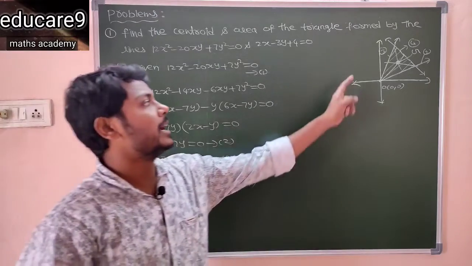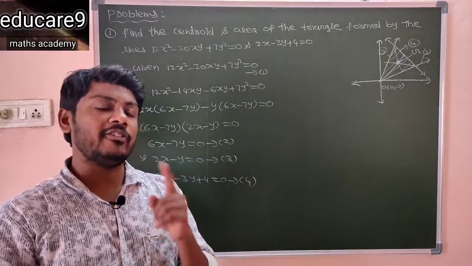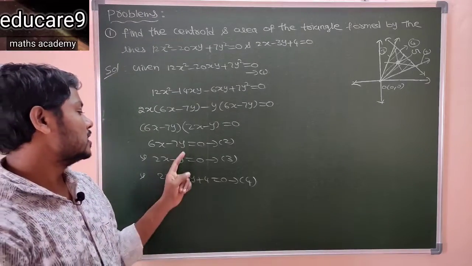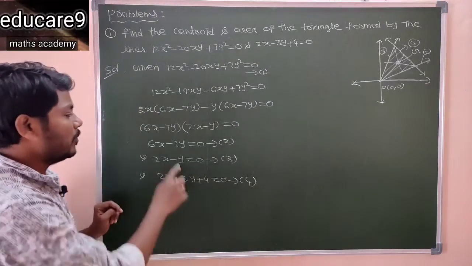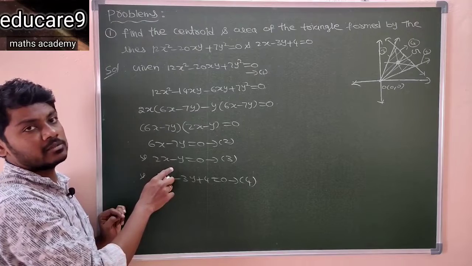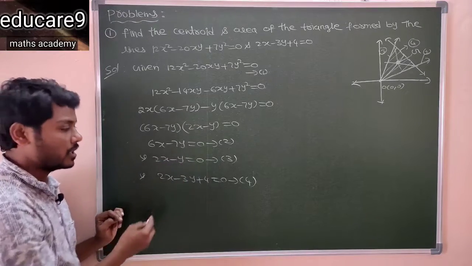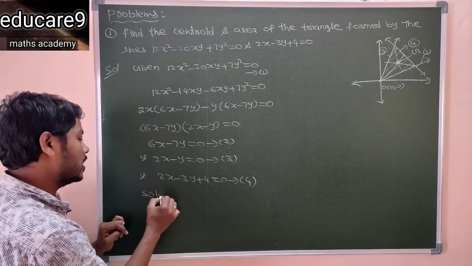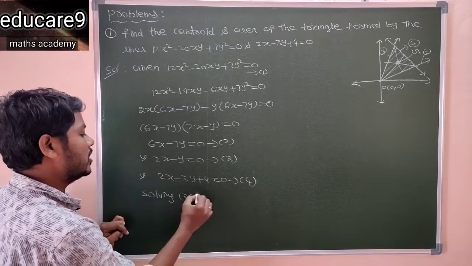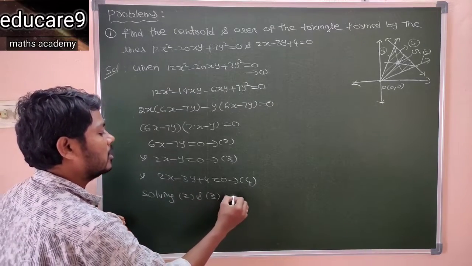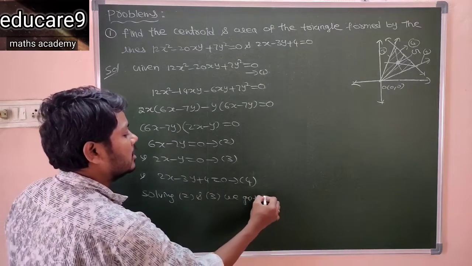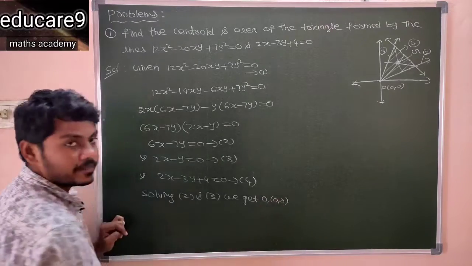For finding the area and centroid, you need to find the points of intersection of these three lines. Clearly the point of intersection of 2 and 3 is the origin, because there is no constant. Solving equations 2 and 3, you get directly 0, 0.